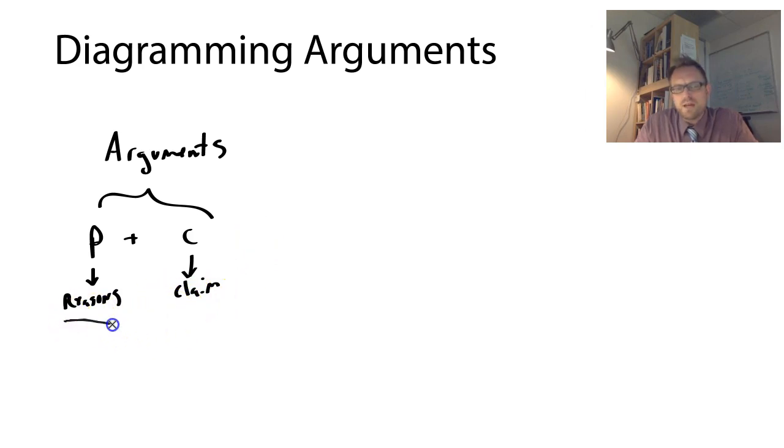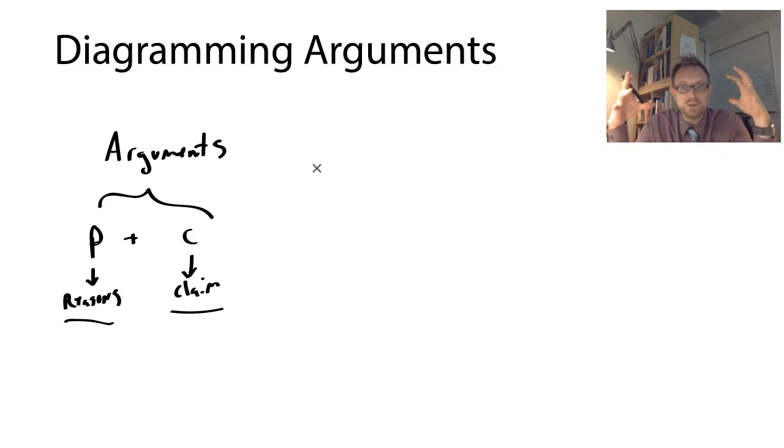So there's premises and conclusion, but one of the things you'll see is that when we actually use arguments, we see that there's a whole bunch of different premises that are all related to the conclusion, but in slightly different ways. And so what we want to do when we diagram arguments is uncover the structure of an argument and the way in which the premises relate to the conclusion.